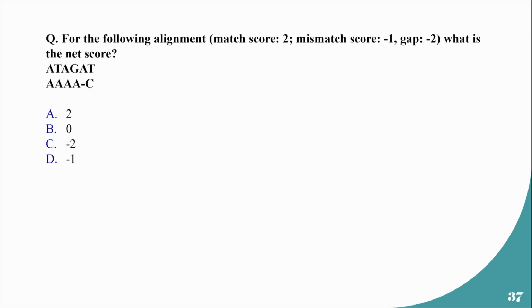Remember, here you just have to count how many matches you get, how many mismatches you get, and whether or not there are gaps present in the alignment. And for that, you give a gap penalty.